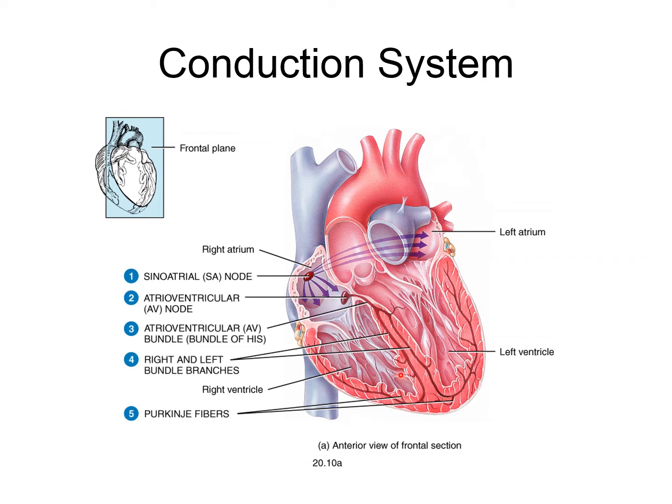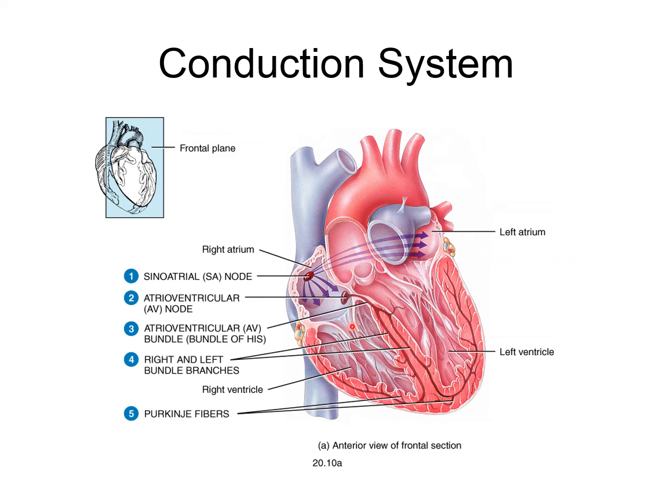Purkinje fibers directly enter the heart tissue, or myocardium. So the action potential is now relayed to the cardiac muscle cells, and they start to contract. The ventricles start contraction from the apex to the base, so the heart becomes smaller from apex to base because it contracts upward toward the base.